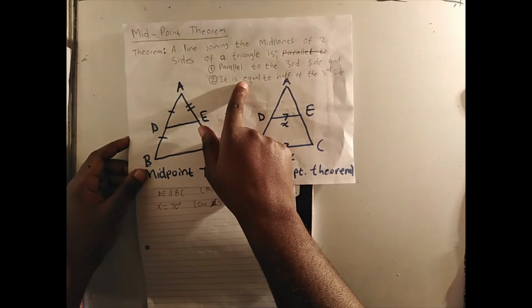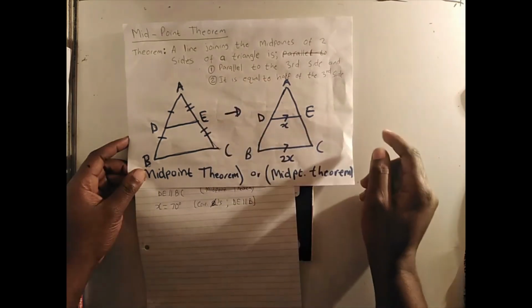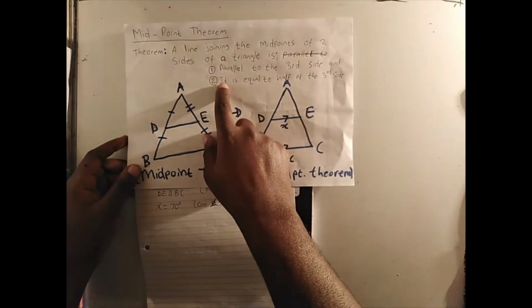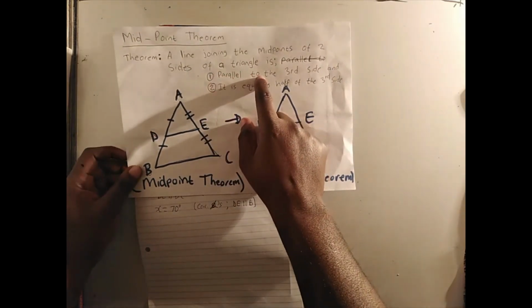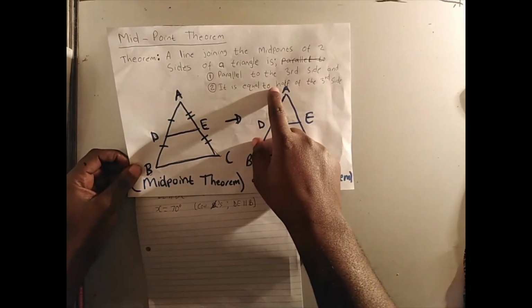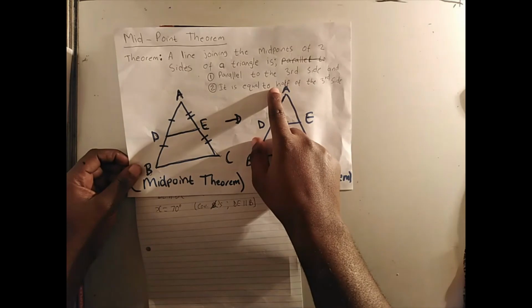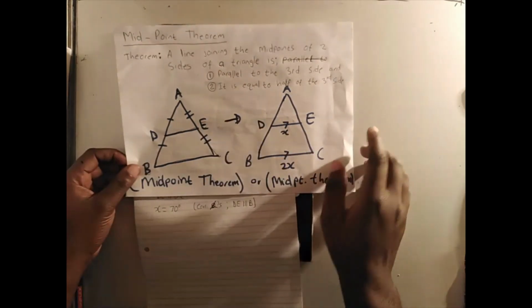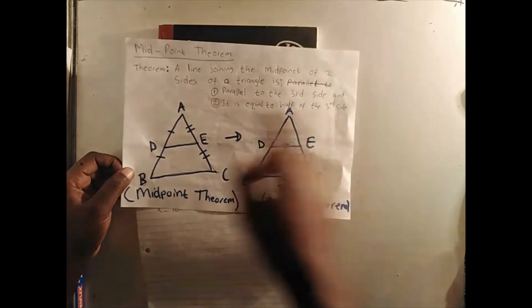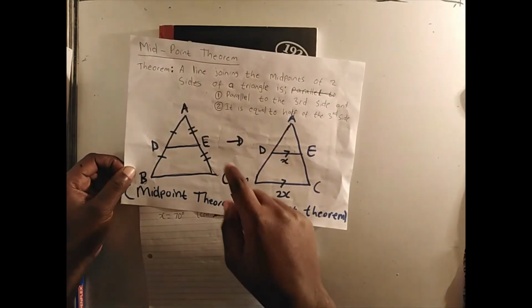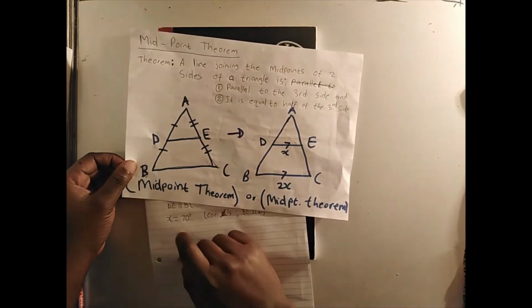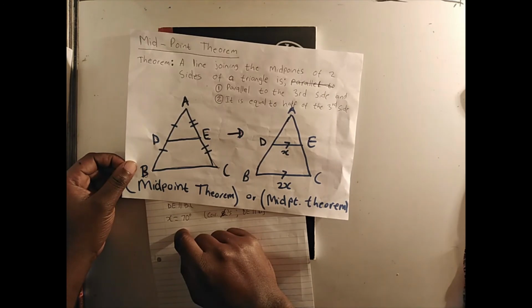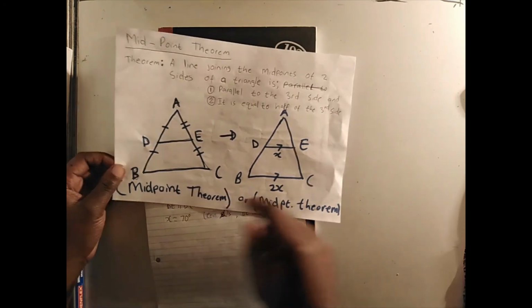So you must know that sometimes you may only have to use the first implication, and sometimes just the second. It does not necessarily say you must use both of them. You can use one of them at a time. But when it comes to conditions, they must both be met. You must have this side equal to this side, and this side equal to this side. All right, now that is the midpoint theorem.